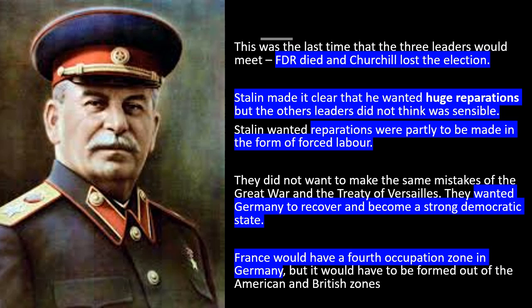Well, Stalin threw a spanner in the works by saying that what he wanted was some huge reparations. Haven't heard that word since the Treaty of Versailles, but he wanted Germany to pay. Okay, he wanted them to pay in money. He wanted them to pay in, well, more or less slave labor, to rebuild Soviet cities, to work for him, to make up for what they did to the Soviet Union in the Second World War. The other leaders said, no, no, no, this is not a good idea.